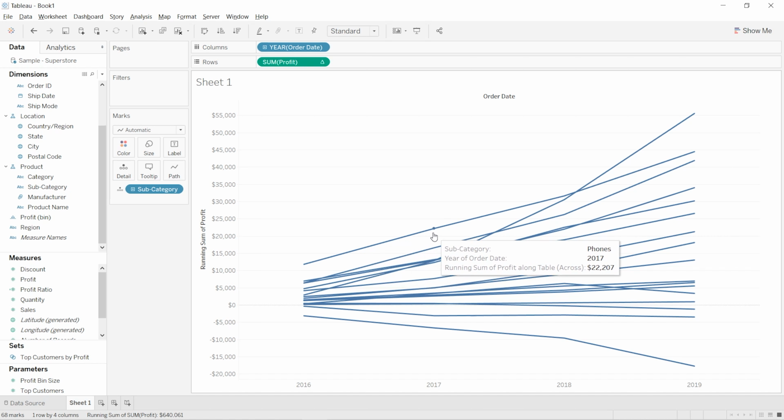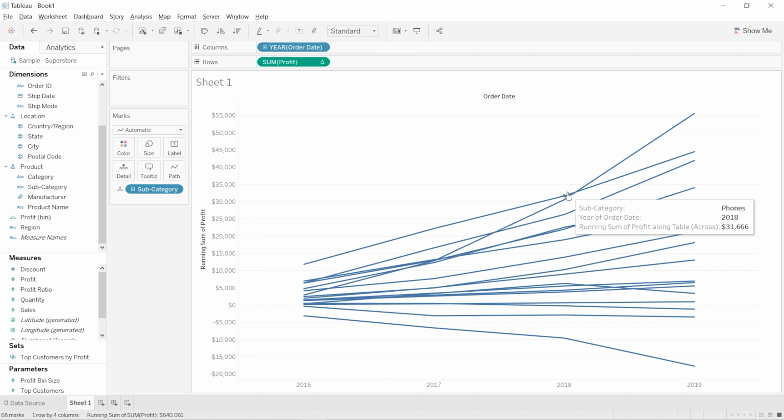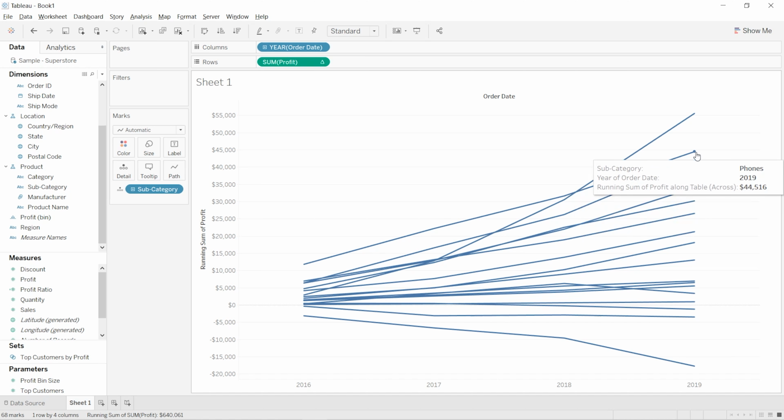By the year of 2017, it increased to 22,000. Then in 2018, it was 31,666, and by the end of 2019, it was 44,516.